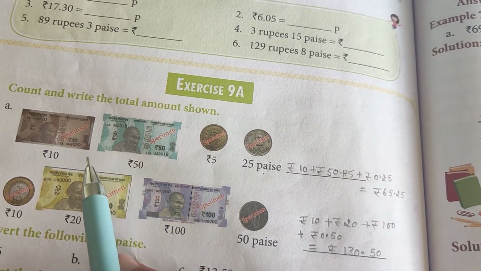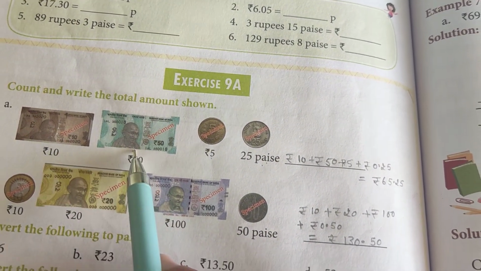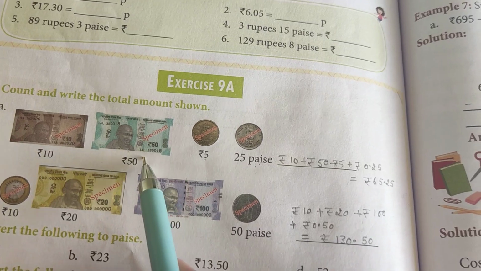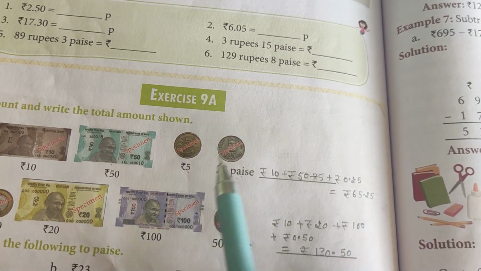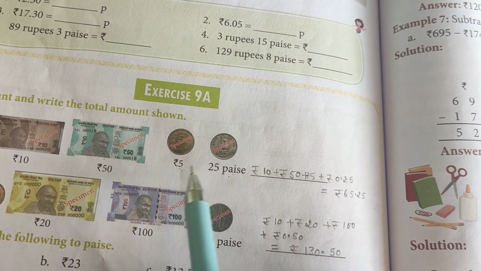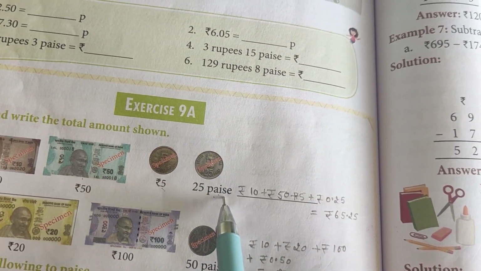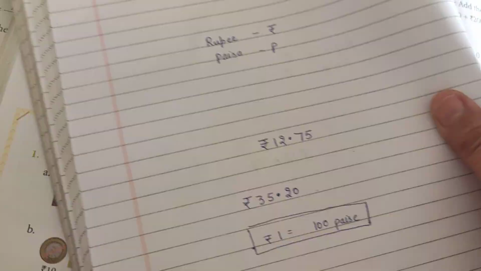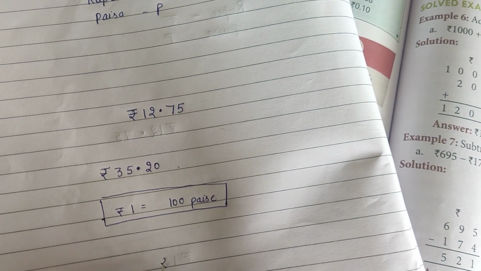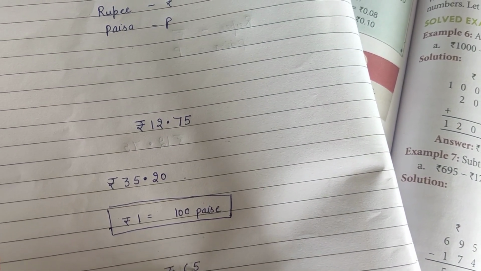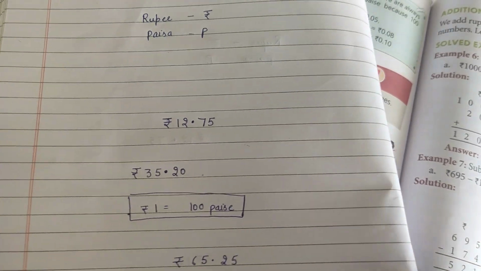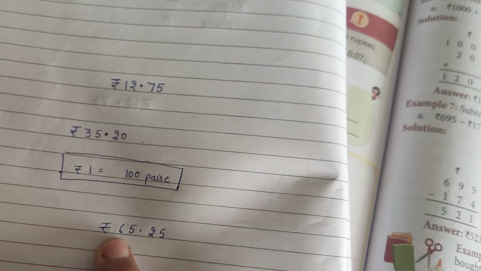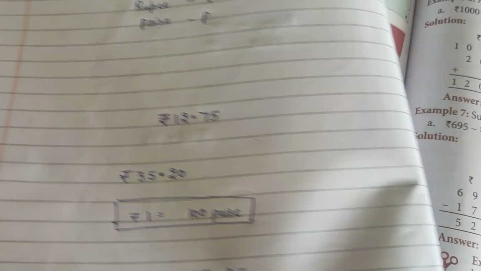So first add the rupees. Rupees 10 plus 50, rupees 60. Rupees 60 plus rupees 5, rupees 65. Then I am having rupees 65 and 25 paise. Then I write it as rupees 65.25.